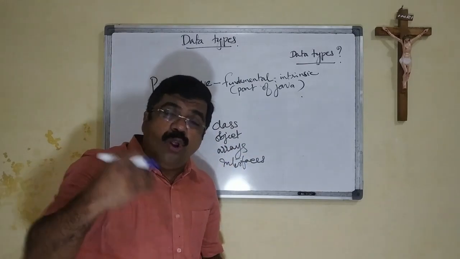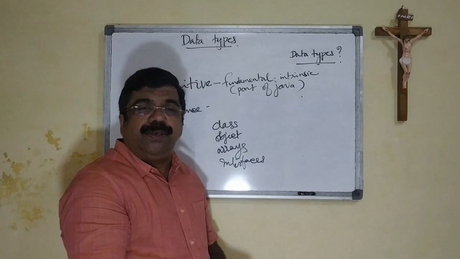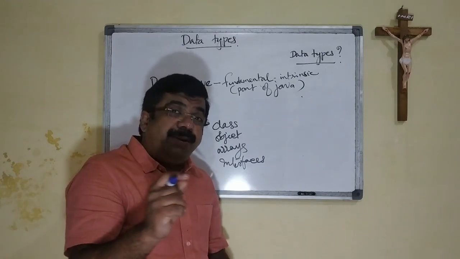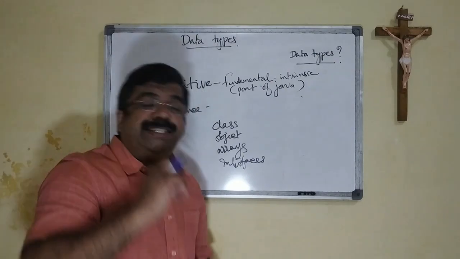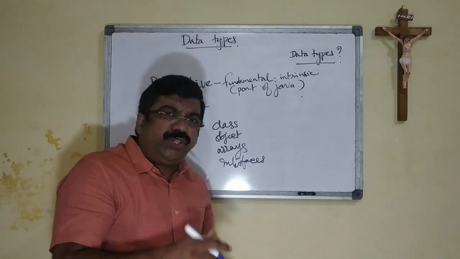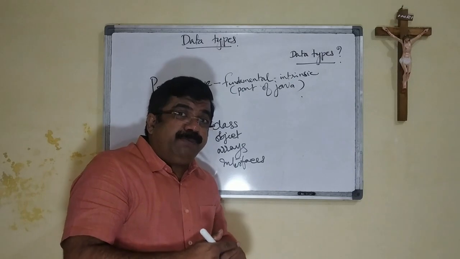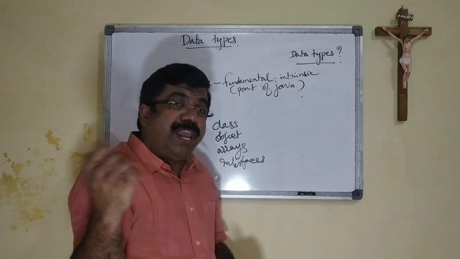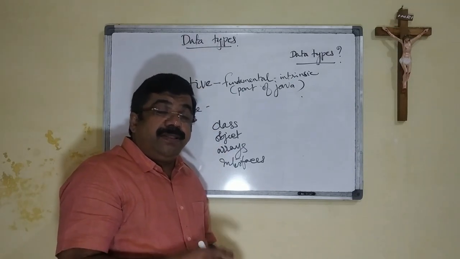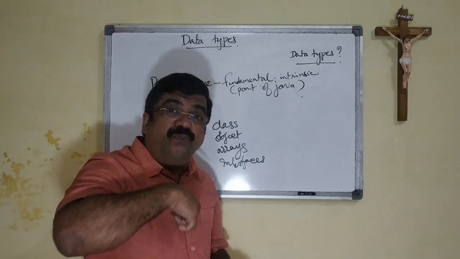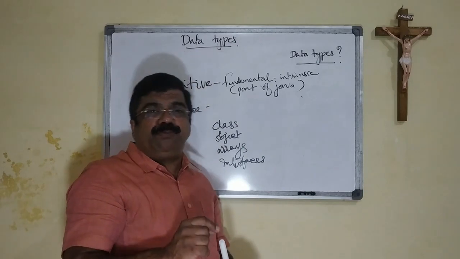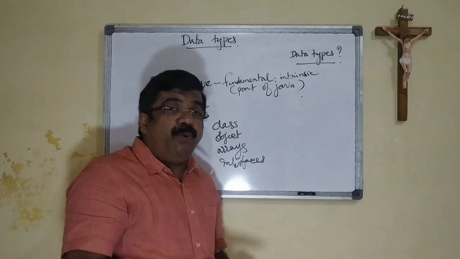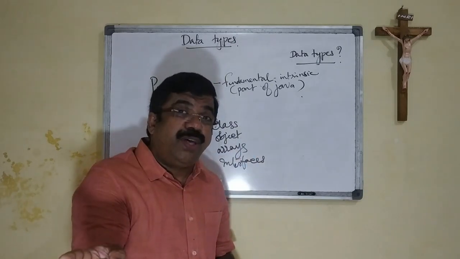And why do we call them reference data types? Because reference data types are referencing another data item. Or we can say reference data types are pointing to another variable. They are storing the memory address of another variable. So reference data types are items which are pointing to the memory address of another one.